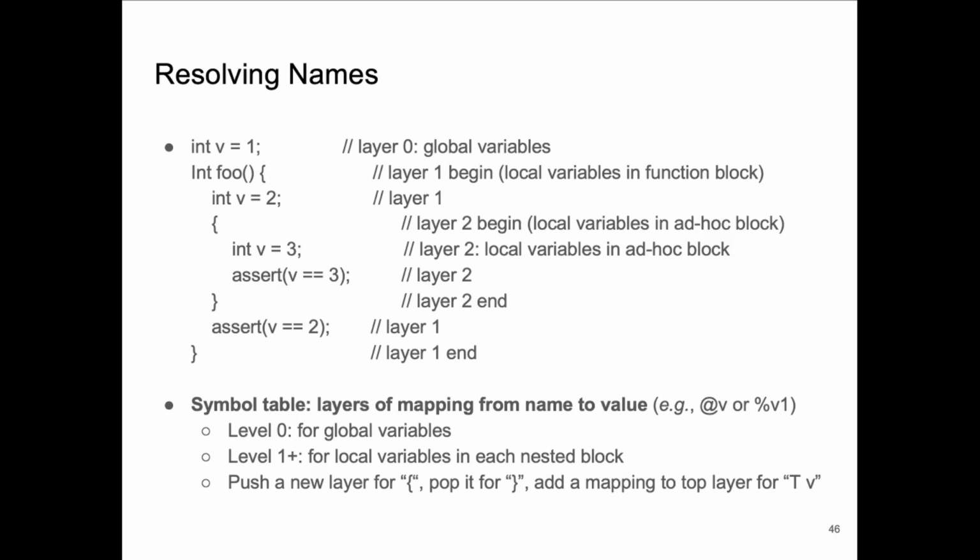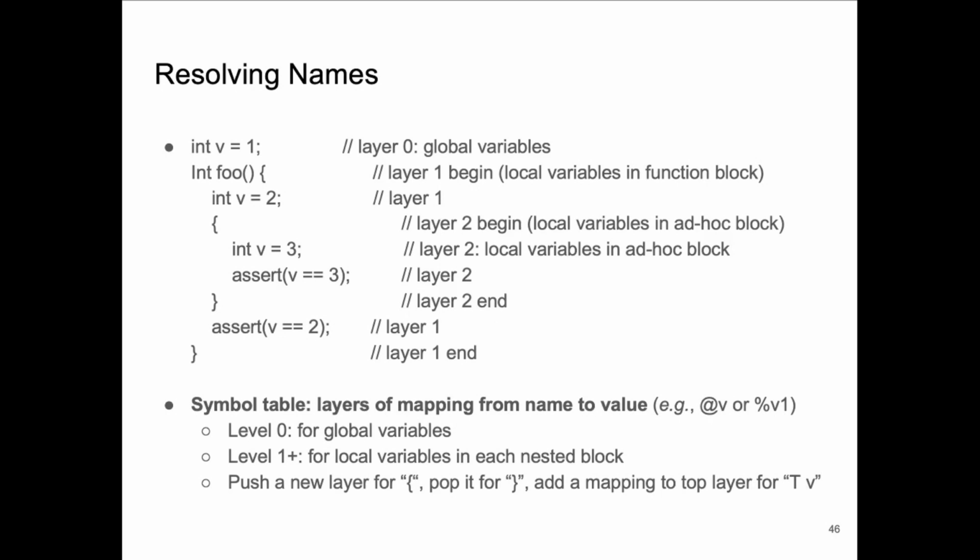So the symbol tables are manipulated. So in summary, symbol tables are manipulated as follows. When you meet the starting bracket, then you're going to push a new layer on top of your symbol table. And when you meet the ending bracket, then you are going to pop the top layer, so that all the mappings that were recorded in the top layer are gone with the block.